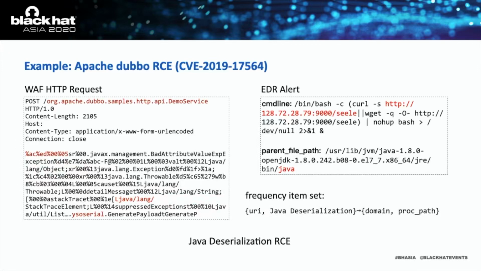The picture on the left is the data packet we captured, which contains the same deserialized data. Similarly, the endpoint alarm logs of these machines all have the same suspicious URL access behavior, and their parent processes are all Java. From this, we can construct a new frequent item set to mark suspicious attack payload requests.